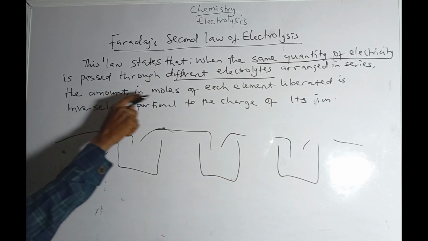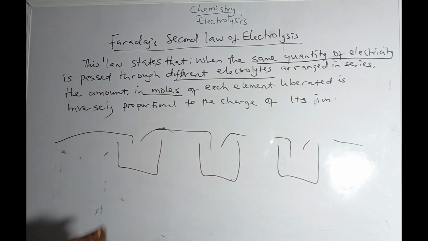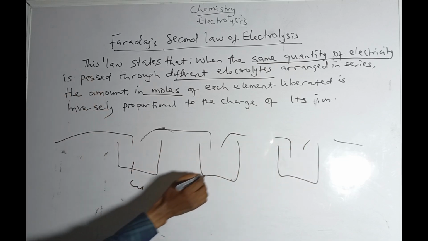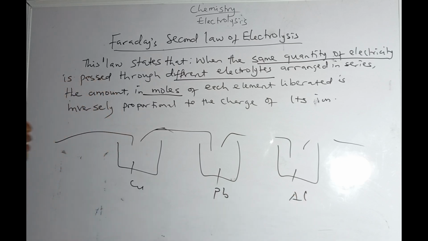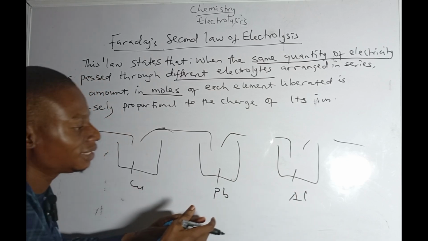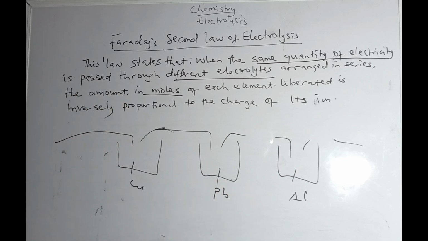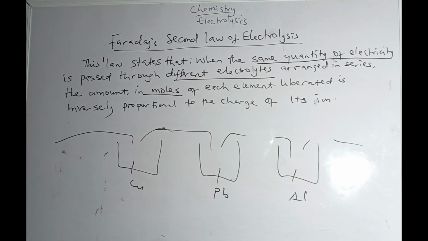So the amount in mole of each element liberated, maybe here copper is liberated, maybe here Pb is liberated, maybe here aluminum is liberated. So the amount in mole of each element liberated is inversely proportional to the charge of its ion.